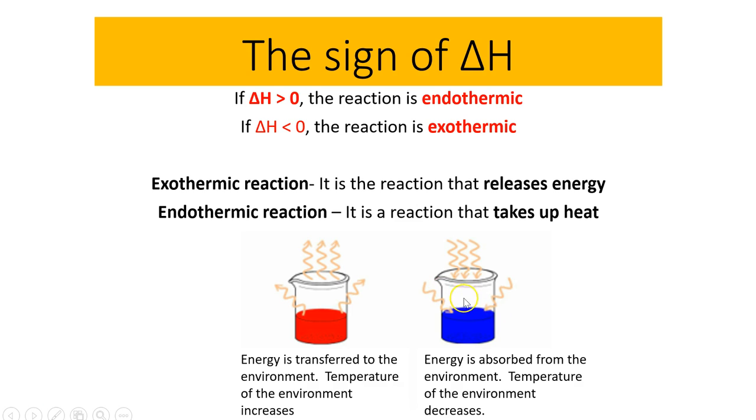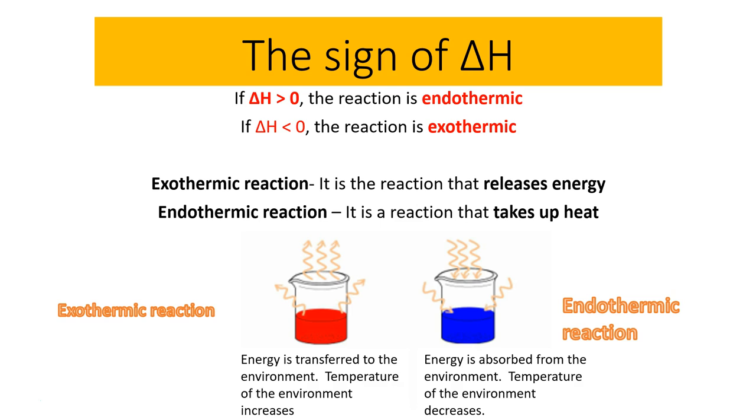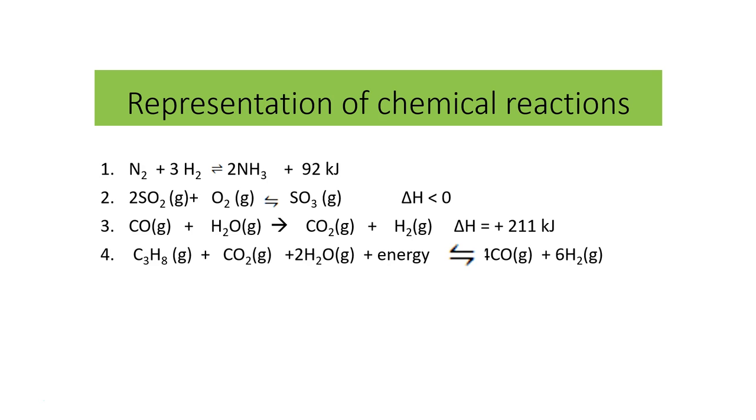So typically, if you touch this, it will take the energy from your hand and your hand will feel cooler. So typically, this reaction will be a cold one, or the temperature of the environment will decrease. In the exothermic case, the temperature of your hand will increase. Okay, that is the difference between an exothermic and an endothermic reaction.